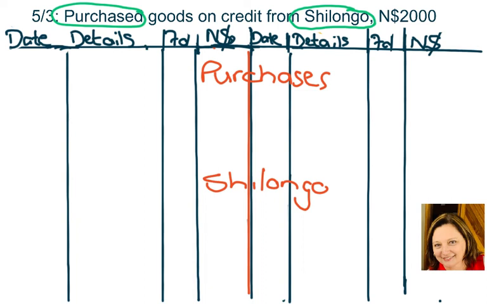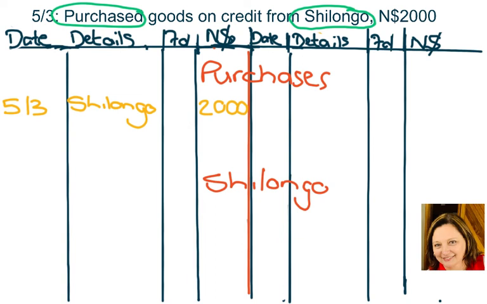All right, where's my debit? Where's my credit? Purchases will be my debit. My amount is 2,000. What is the name of the other account involved? It is Shilongu. And my date is on the 5th of the 3rd month. All right, where's my other transaction, or rather the second entry?